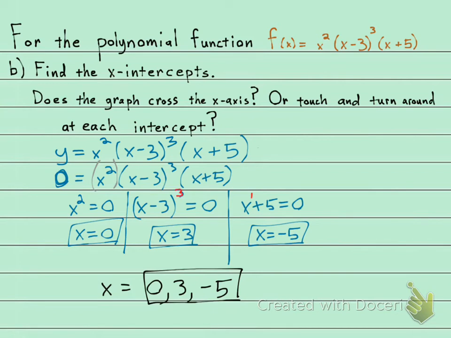It's going to cross. This one has a multiplicity of 1, and it's going to cross. So this graph will cross through the x-intercept at 3 and negative 5. But at 0, it has a multiplicity of 2, which is even, and this is the one that bounces off.